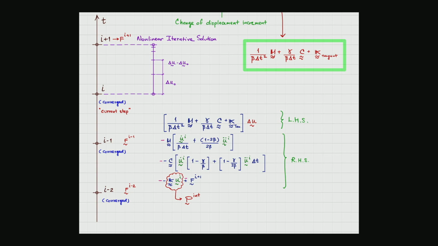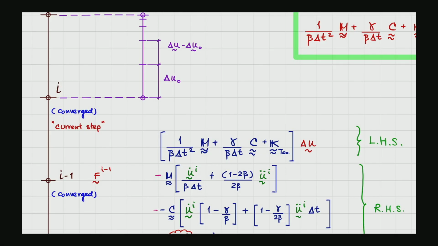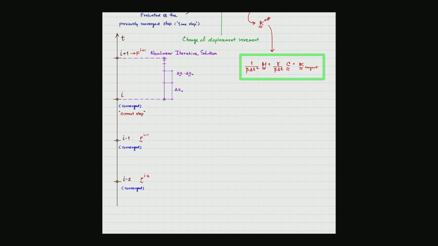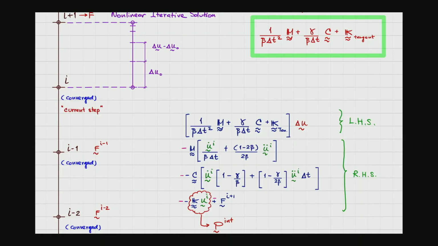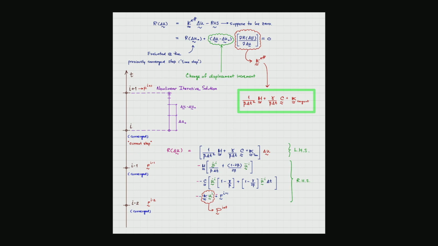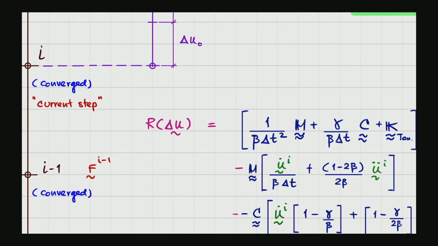Well, ultimately we end up with the term evaluated at delta U, and it was supposed to be delta U naught. Right. Okay.